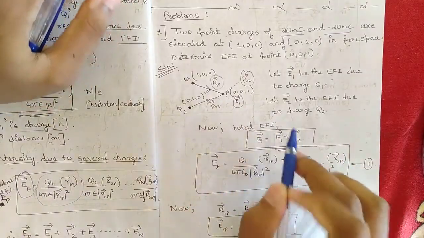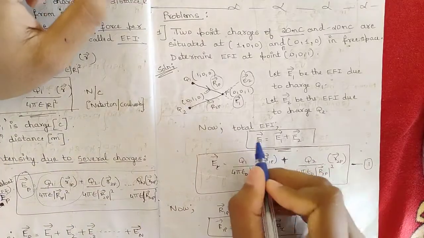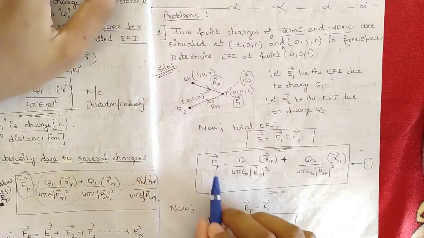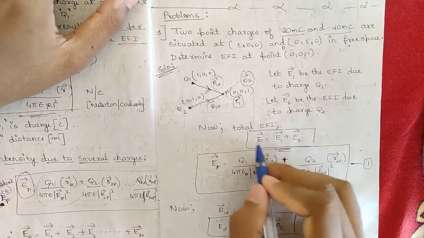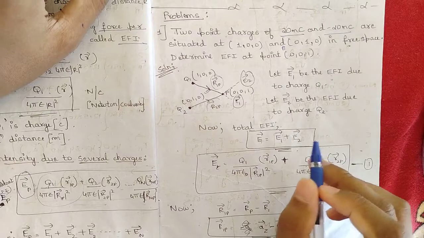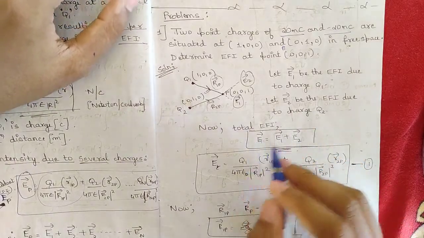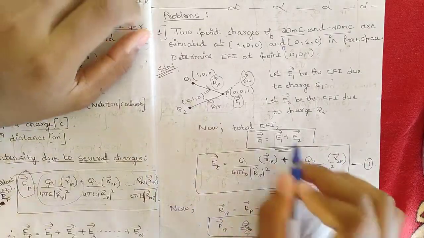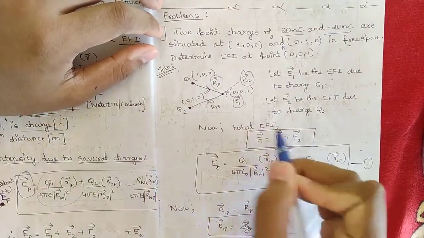Now the total EFI, according to the electric field intensity due to several point charges which I have discussed, is given by E is equal to E1 plus E2 in this question. So what is E1? Electric field intensity is force per unit charge, right? So here the force is given as Q2 divided by 4 pi epsilon magnitude square into unit vector, where one unit charge would get cancelled. So directly write the formula, where E1 is the electric field intensity due to charge Q1.